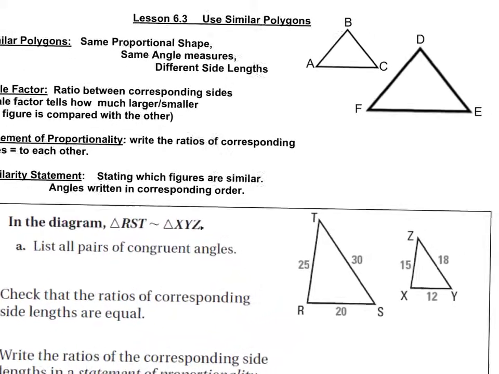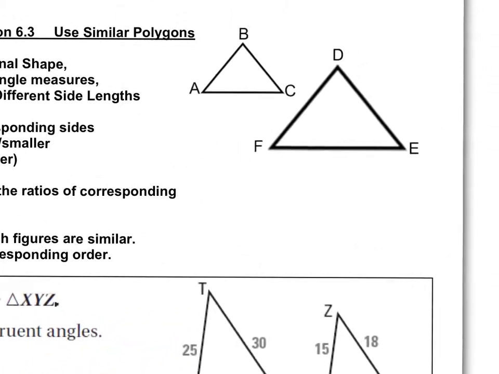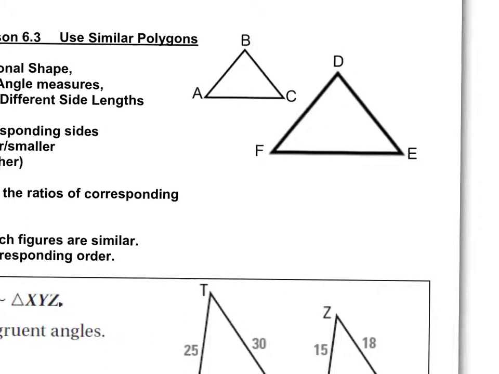So for instance, let me zoom in here. I could say that triangle ABC is similar to, this is the similar symbol, triangle FDE. And just like with congruent triangles, the order you put these in matters.